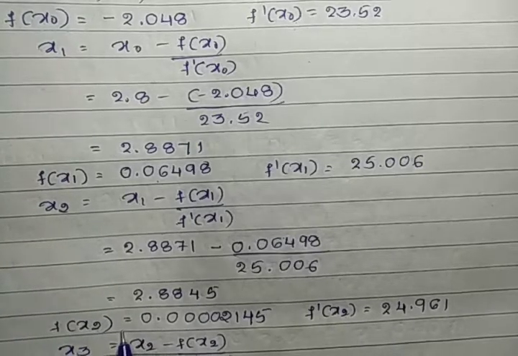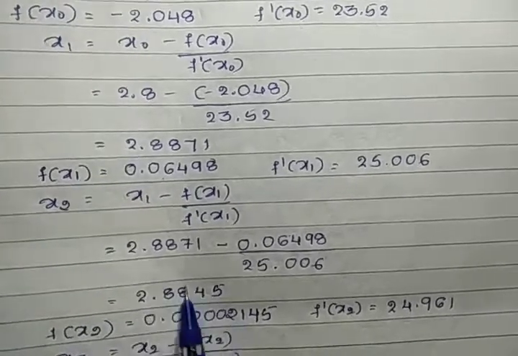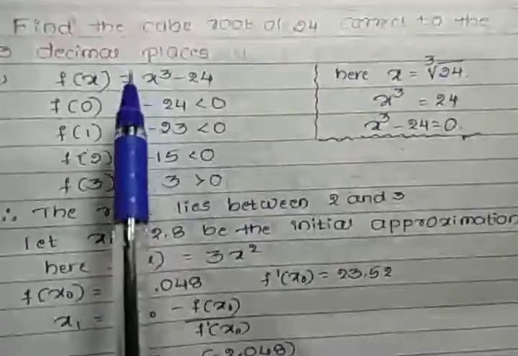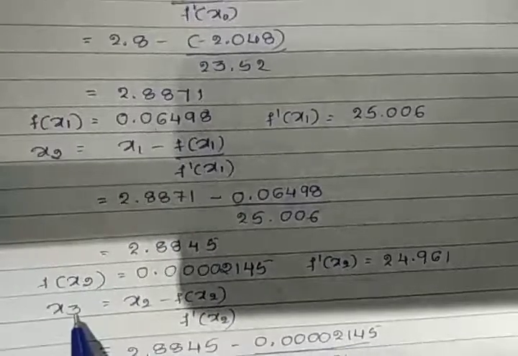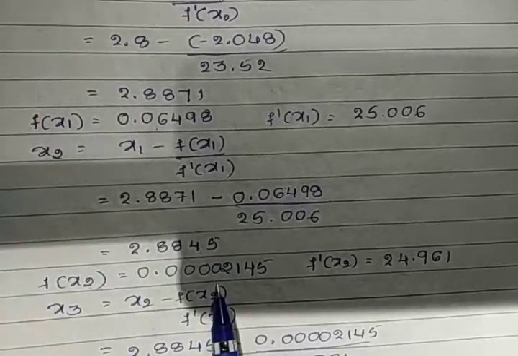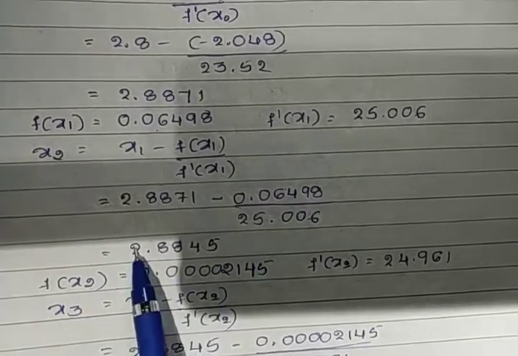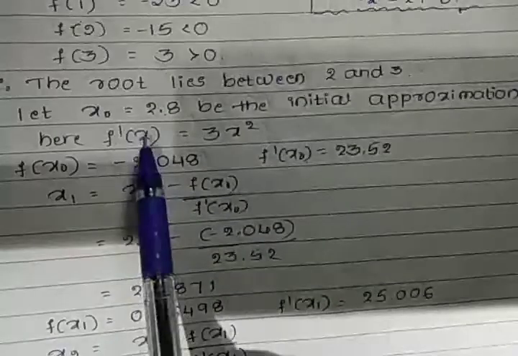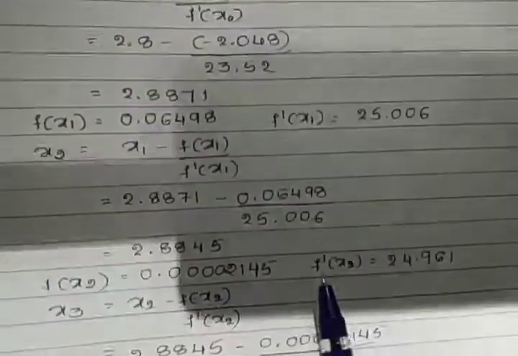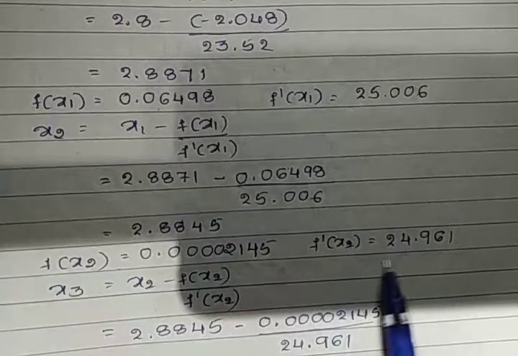How do you calculate f of x2? Substitute this x2 value in the f of x function, calculate using a calculator, then we'll get the f of x2 answer. Then again substitute this x2 value in the f dash of x function, simplify, and we'll get f dash of x2.